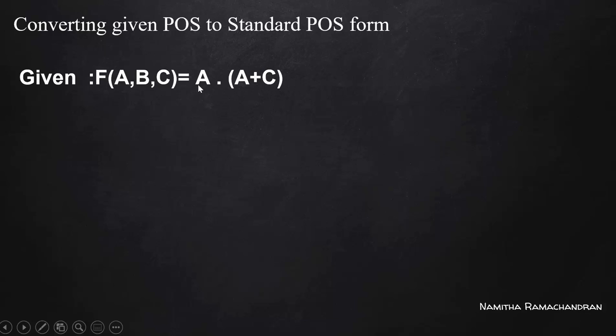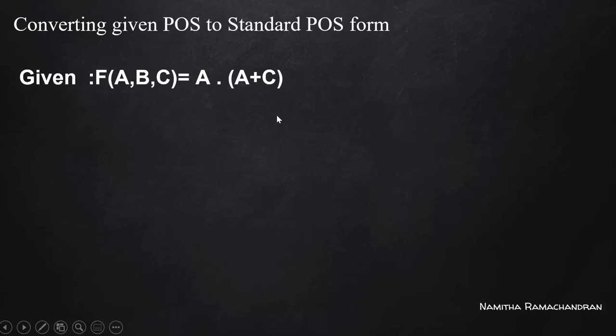In order to make it in a standard form, we need to consider the remaining variables with each and every one of these max terms. We need to consider different variables in its original or in its complemented form. But here a alone is present. b and c in its different form is not present. Here b or its complement form is not present.